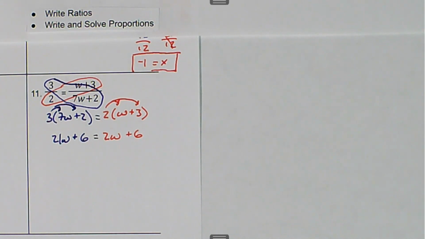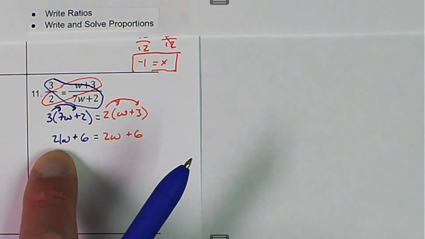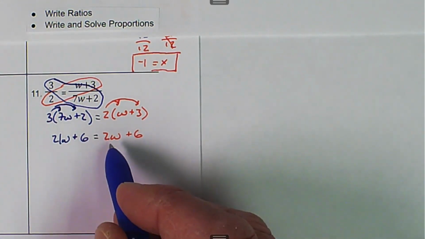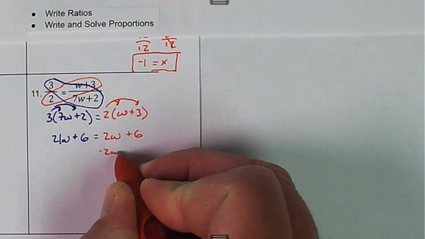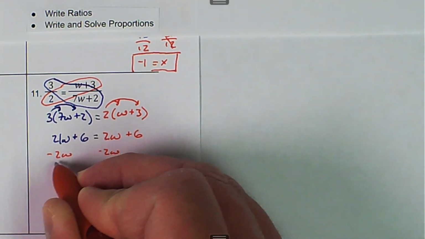So then we want to get our like terms together again, and I like to have a positive coefficient in front of my variable. So the 2w is going to have to join the 21w, so subtract 2w and subtract 2w.